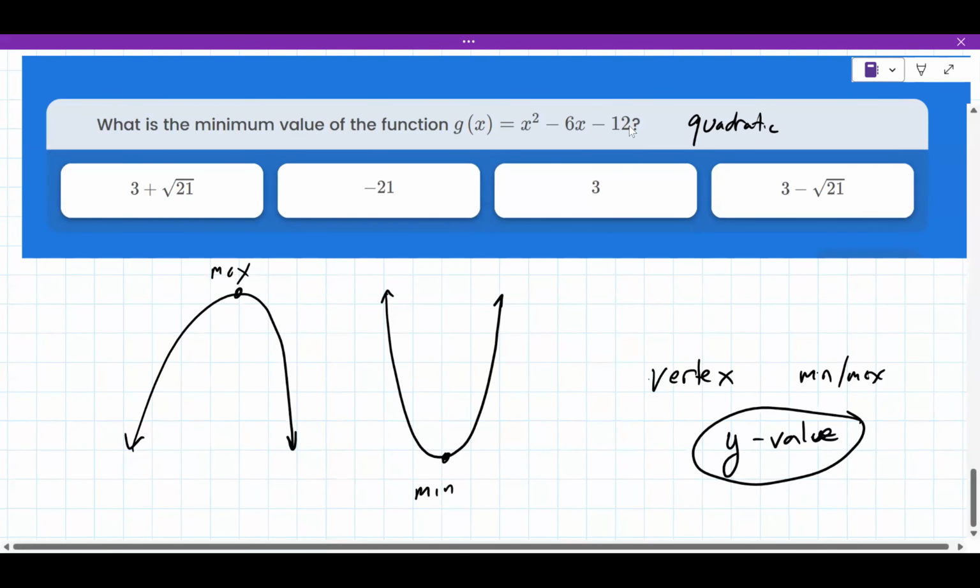Okay. So here's what I want you to do. I want you to graph what's up here at the top, x squared minus 6x minus 12, and give me the y value, just the y value at the bottom. Just the y value, okay.